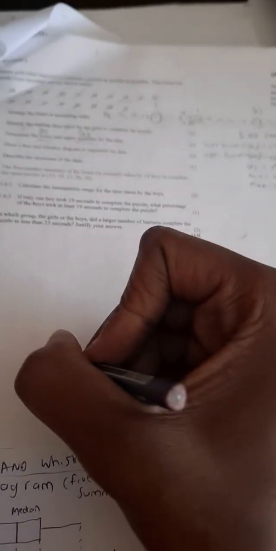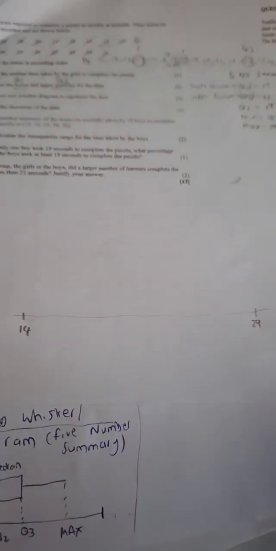You use your ruler, guys, and since the lowest number is 14 and I know the highest number is 29, I'm going to use my ruler so that it's equally spaced.